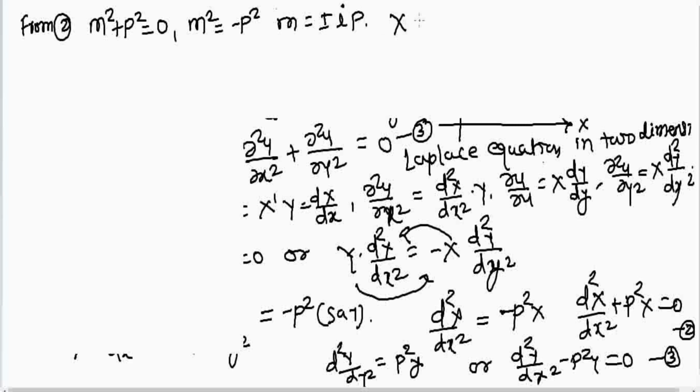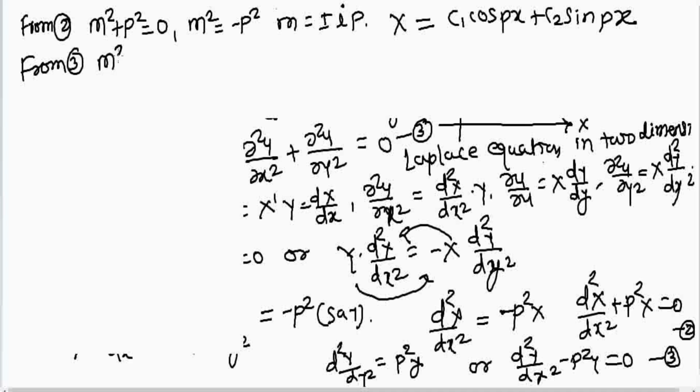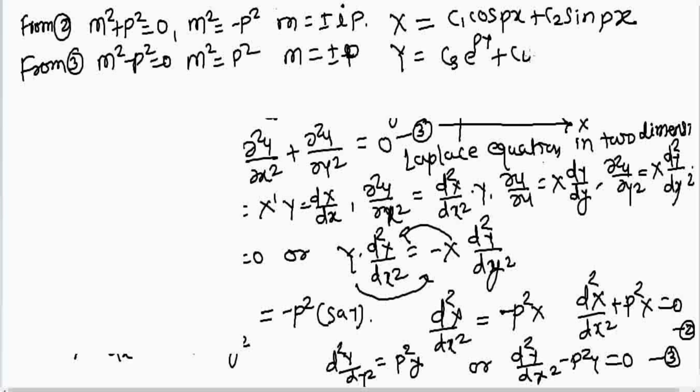This gives us X equal to c1 cos of px plus c2 sin of px. And from equation 3, we have m square minus p square equal to 0, m square equal to p square, m equal to plus or minus p. This gives us Y equal to c3 e raised to py plus c4 e raised to minus py.